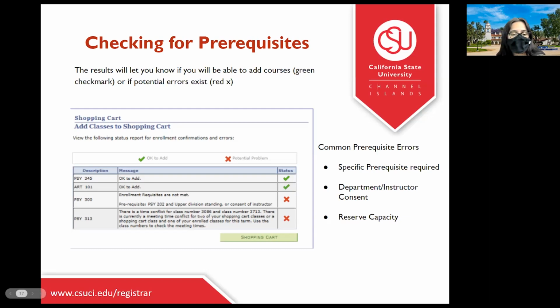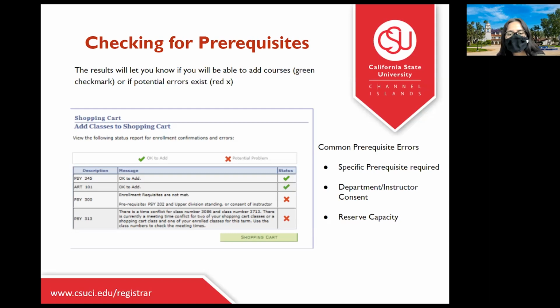Some of the common prerequisite errors: specific prerequisite required. Here, the system will look for the specific prerequisite course that is shown in the catalog, and even if you've taken a different class that may be similar or higher level, it'll still look for that specific class. Department instructor consent: you need to contact the instructor to get a permission number to add the class.